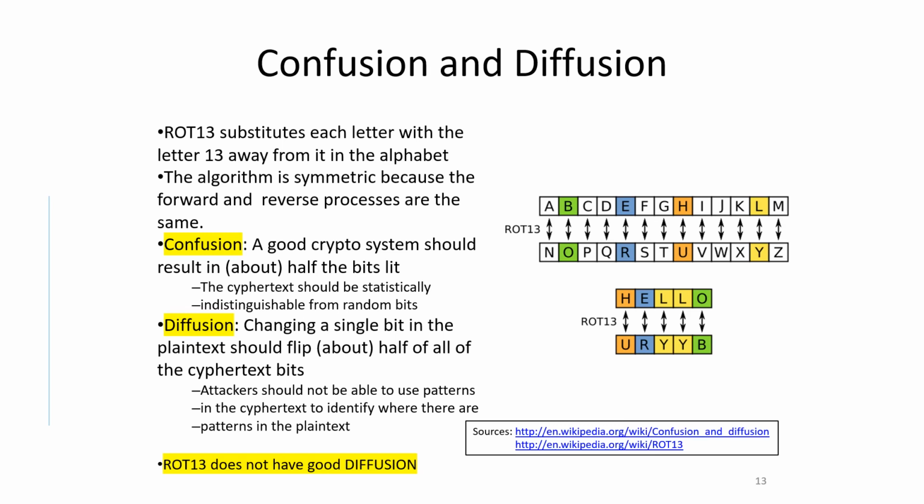So a message that has even a single bit flipped or changed in the message, don't give Wilma a raise, changing it to give Wilma a raise would change, hopefully, if the encryption has good diffusion, so many bits in the ciphertext that it's a massive change in the ciphertext, and it's okay if the plain text has lots of patterns in it, because they will not show up in the ciphertext. They're not patterns in the ciphertext.